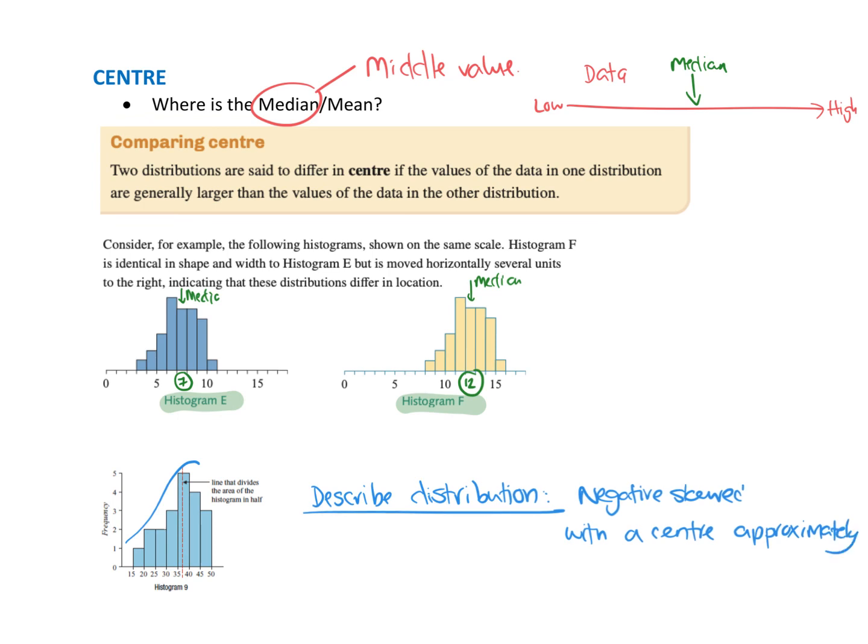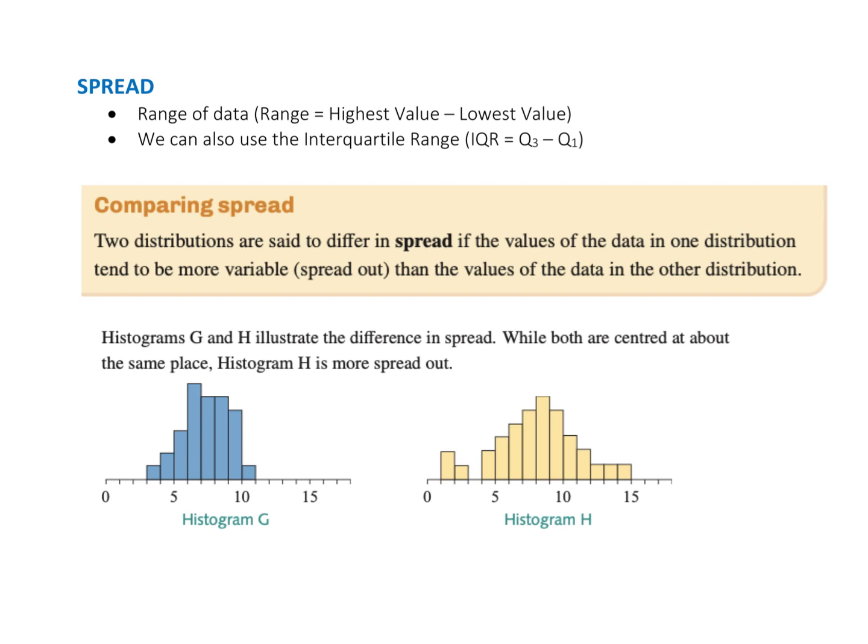It's where all the main values are. So they're going to sit there. We're going to say roughly, I don't know what that is, but 37. So we'll say negative skew with a center approximately at 37. Okay, so the other thing we can talk about is the spread.